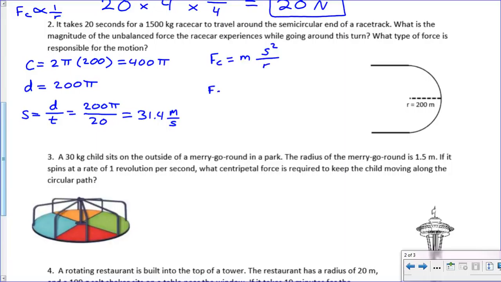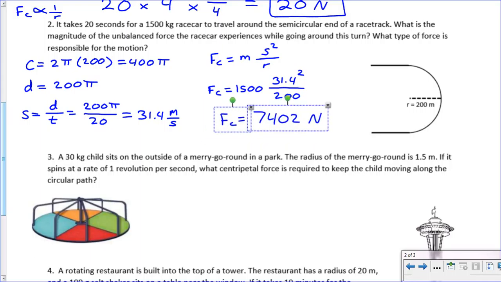So Fc equals the mass, which is 1,500, times the speed, which we just calculated, 31.4 squared, over the radius, which is 200. If you calculate that, you get an Fc equal to 7,402 newtons, approximately, somewhere near 7,400.